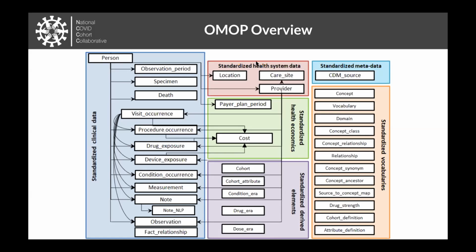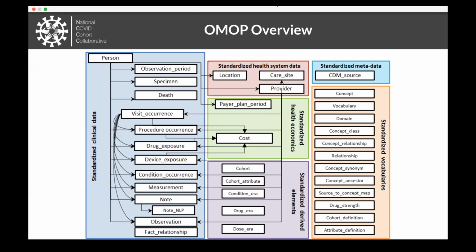We also have some tables to save some things about the health system, so the care site, providers, that sort of thing. Health economics, so some cost, which I don't think will play a role in these analyses necessarily, but it is available. We do have some derived tables, those ERA tables in the purple box in the middle bottom.